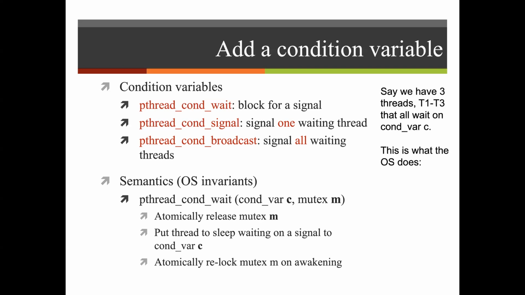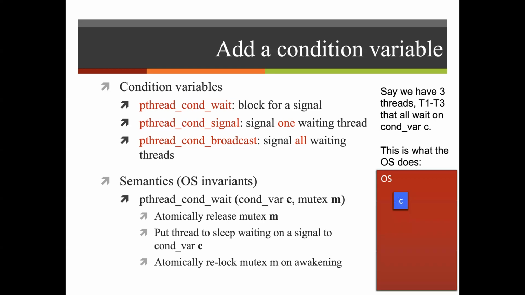And so let's consider that we have 3 threads, T1 to T3, that all wait on condition variable C. So what happens in the OS is we'll have the condition for T1, which will wait until T2, and then T3.